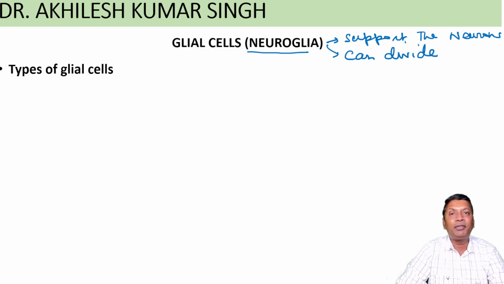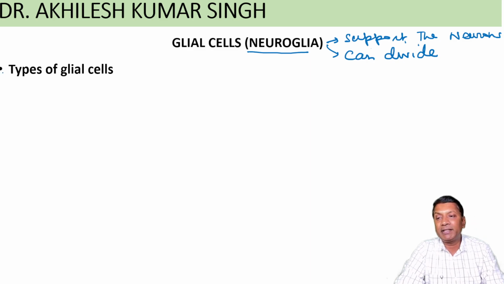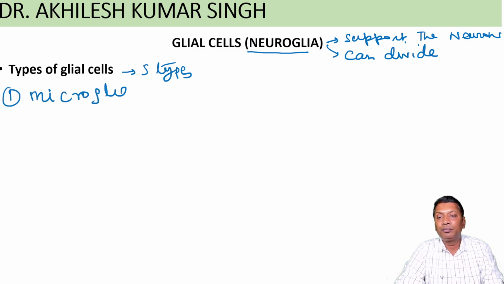Then what are the types of the glial cells? These glial cells are of 5 types. What are their names? One is called microglia. Second is called astrocytes. Third is called oligodendrocytes.